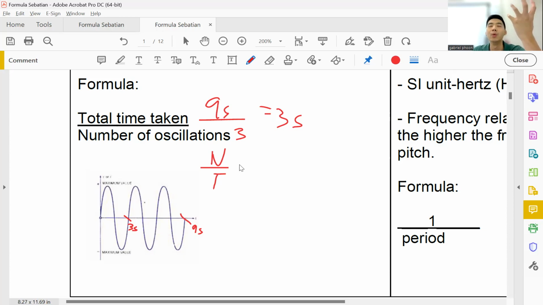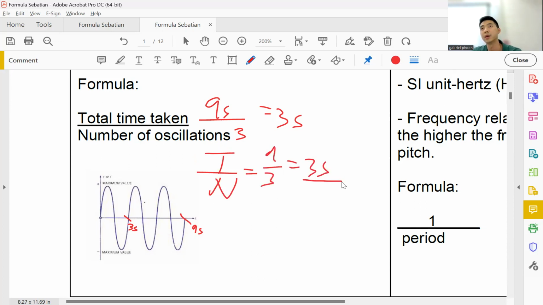You won't say that, but you say that period comes once a month, which is measured in time by definition. So by right, it should be time over number of oscillations, which in this case will be 9 seconds divided by 3, which will give you 3 seconds here.